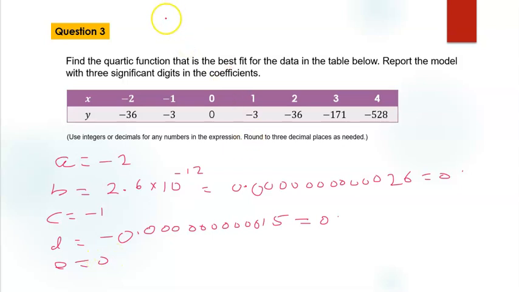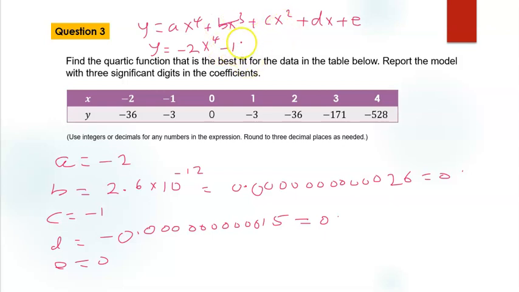So therefore, since the quartic function is of the form ax raised to power 4 plus bx raised to power 3 plus cx raised to power 2 plus dx plus e, in this particular case, our function will be y equals a is negative 2, so it will be negative 2x power 4, b is 0, so this becomes 0, c is negative 1 times x squared, and then d is 0 and e is 0.